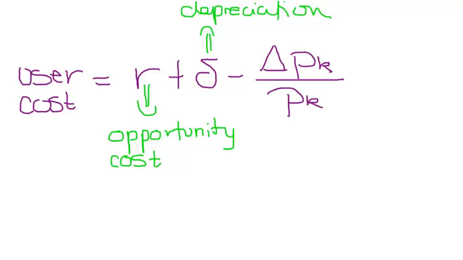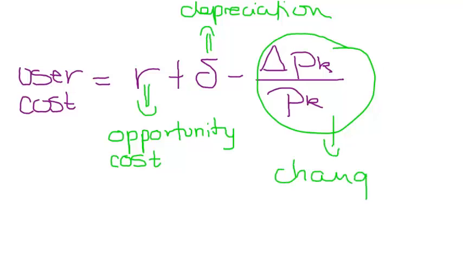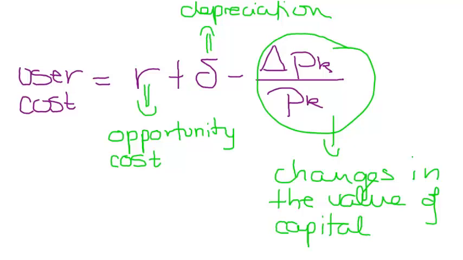And then finally, changes in the value of capital also contribute to the user cost. Okay, why is this so? Well, because if the price goes up, for example, tomorrow, then the value of this asset is now much larger than it was before, and this is something that's going to decrease the user cost of capital, right?